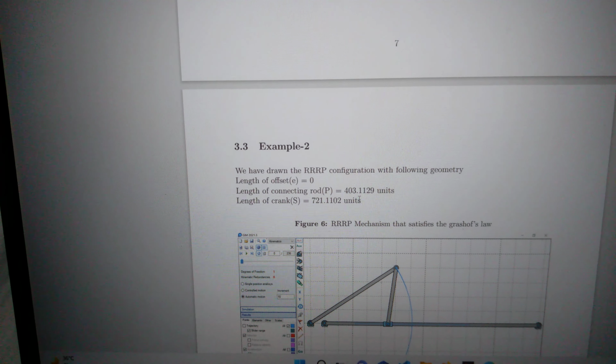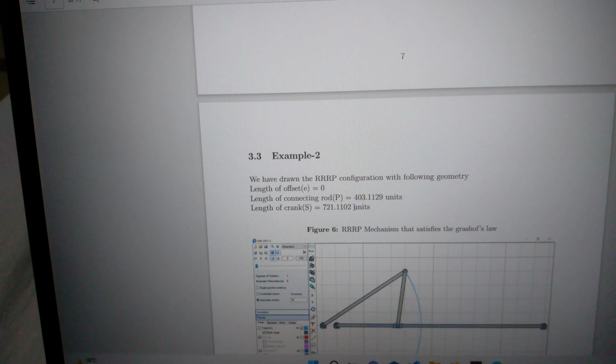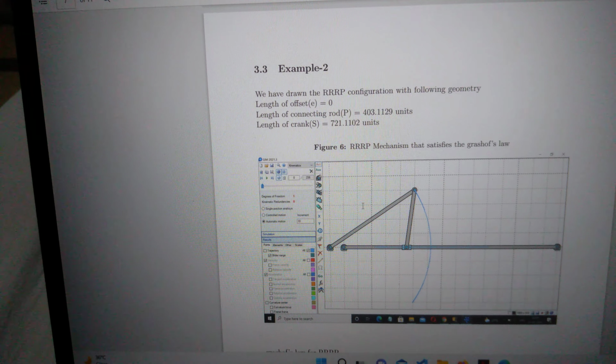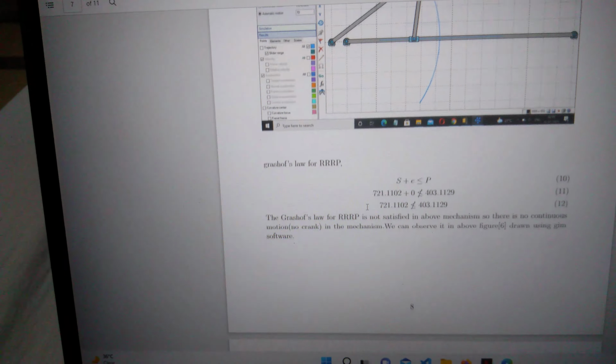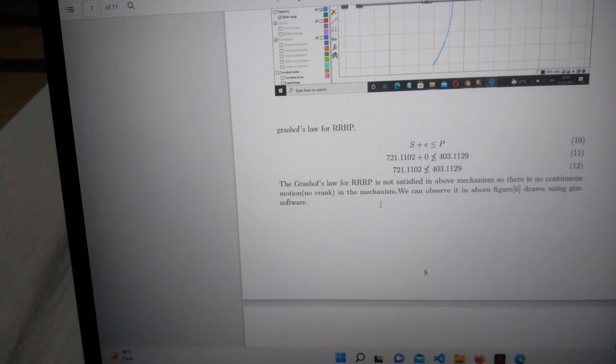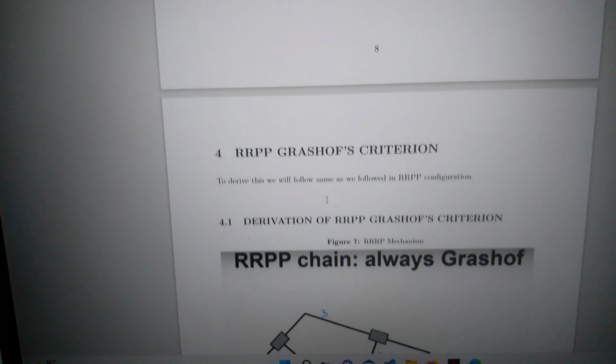If we put these things as our configuration for RRRP, then we will not have a degree of freedom, sir, because Grashof law should be satisfied so that at least one link has a degree of freedom.